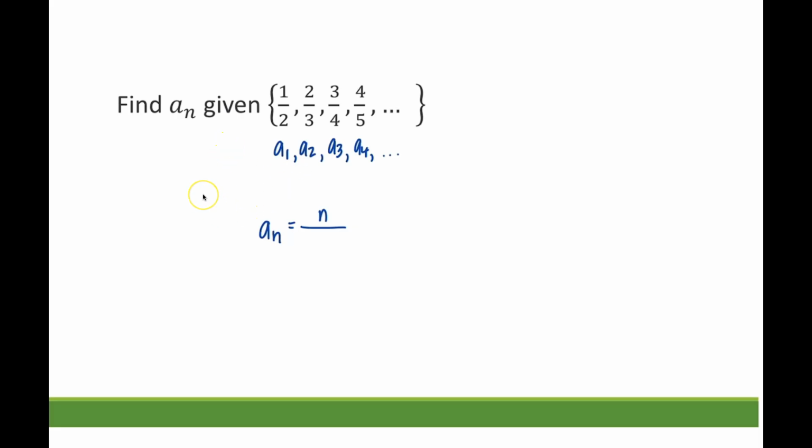So the pattern is that I'm always going to add 1 to the n value. So a sub n, the general term, is n over n plus 1. So let's say we wanted to find the 7th term, then that's going to be 7 over 8.